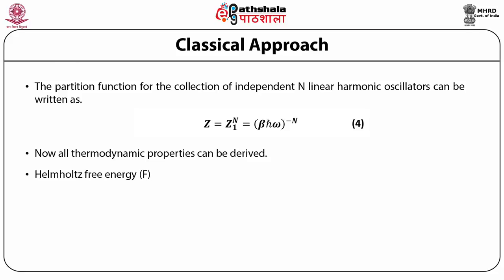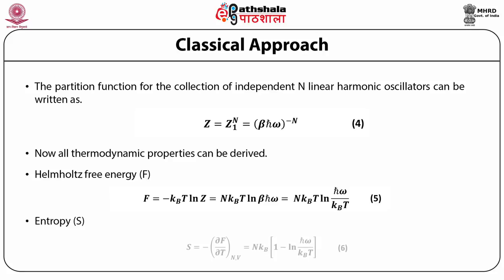Helmholtz free energy F is equal to minus kBT log of the partition function, which is equal to n kBT log of beta h bar omega, which is equal to n kBT log of h bar omega by kBT.